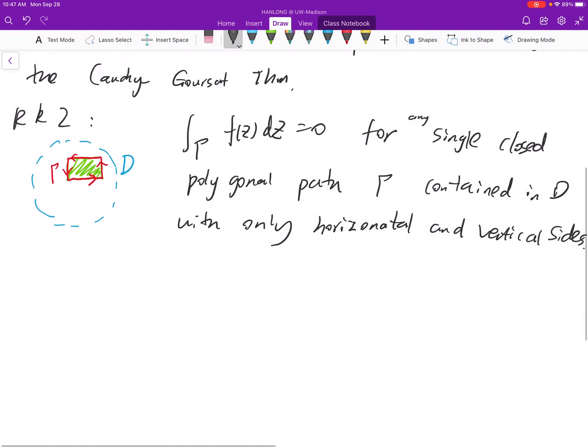In other words, if you draw a picture, here I should use a loop. Path is okay because you already have closed.